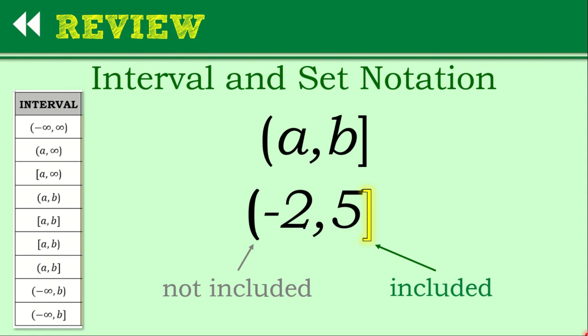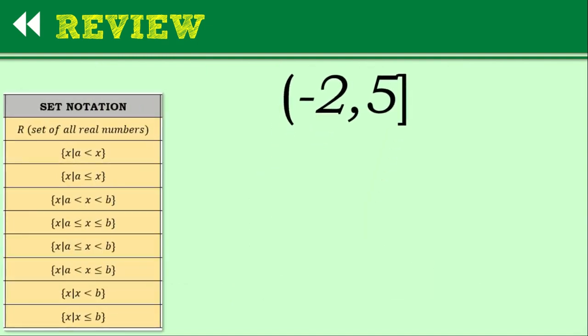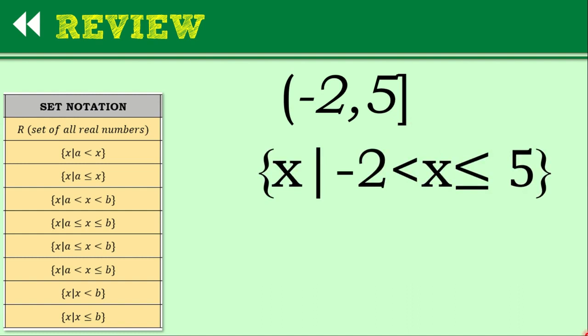Now, for that interval notation, how do we translate that into a set notation? Set notations are like this. Now, focusing on this interval notation, how do we change this into a set notation? It would look like this. Now, how do we read this one?